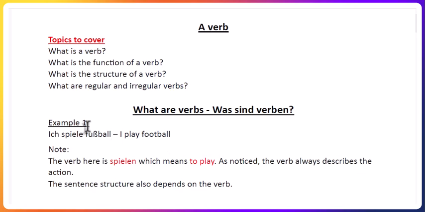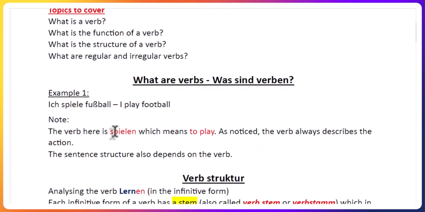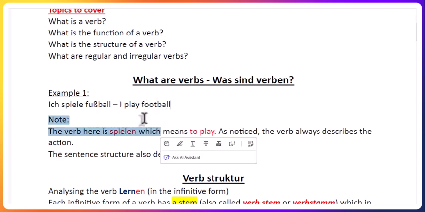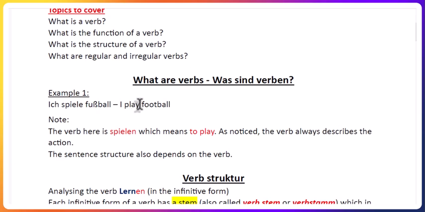Something like this example: I play football. Ich spiele Fußball. This sentence is complete because there's a verb and there's a subject and there's an action, a doing of the subject. This verb means to play.